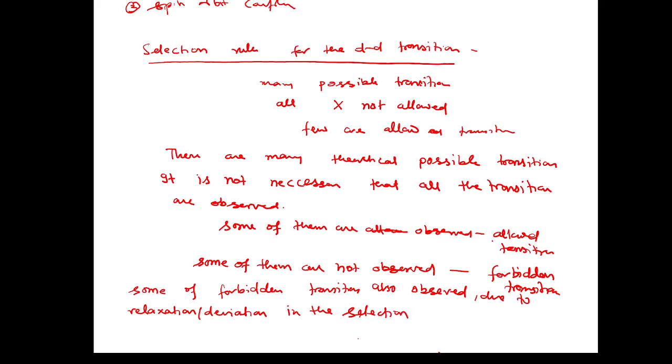But the important thing is that these are weak and less intense. Okay. So how many types of selection rule are there? There are two types of selection rule.